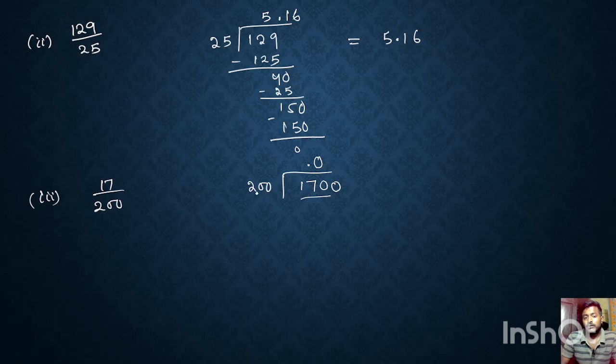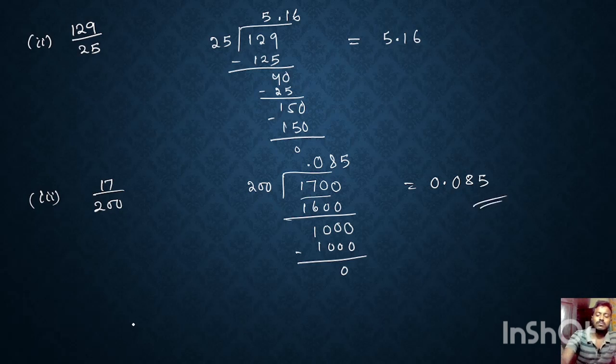So 200 8 ja 1600. Now 0 0, 100. Due to the decimal put 0, that is 1000. So 5 ja 1000. Clear? So the answer will be equal to 0.085.